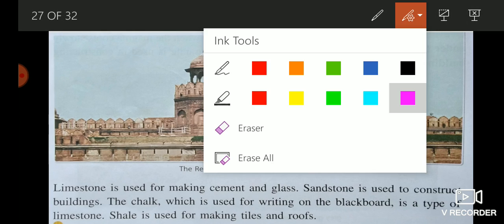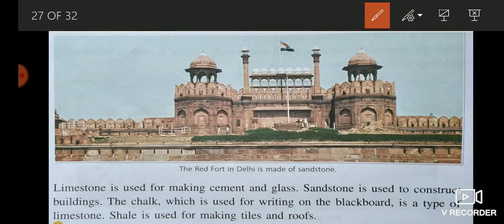So now we are going to discuss the uses of sedimentary rocks, where they are actually used. Limestone is used for making cement and glass. You know the cement is used in construction, making buildings and houses.